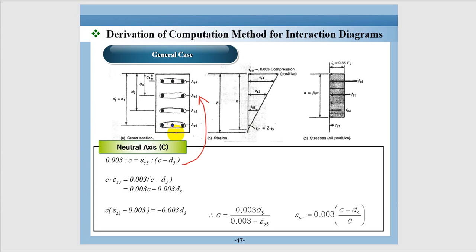Then I'm going to say that we have a neutral axis somewhere here. For example, this is just an example. This is the neutral axis, and we have a strain diagram based on strain compatibility.